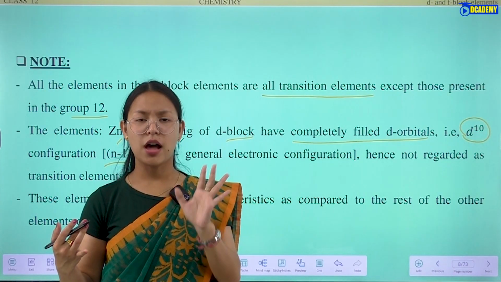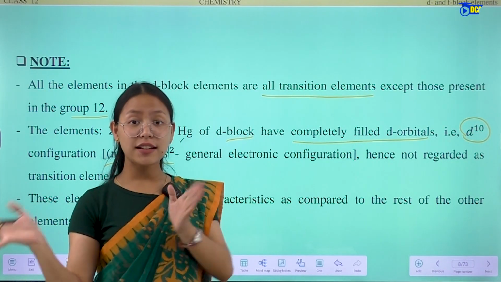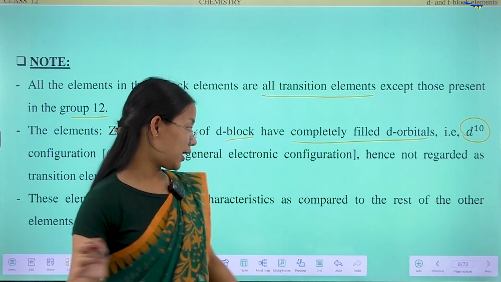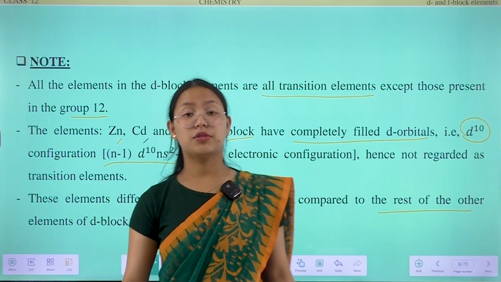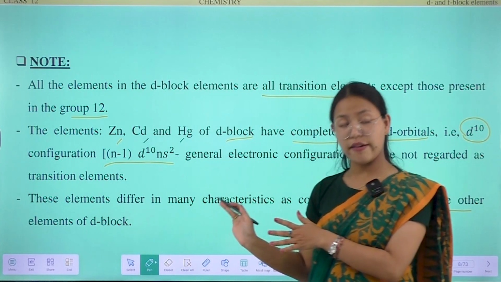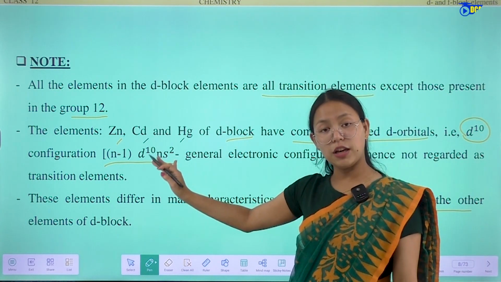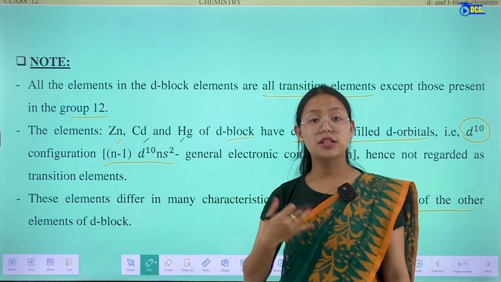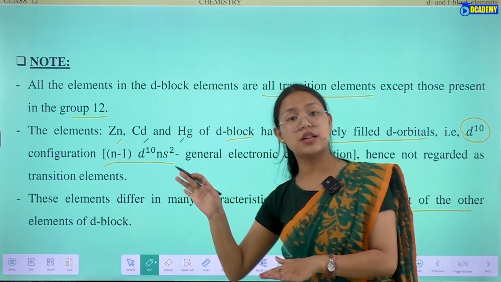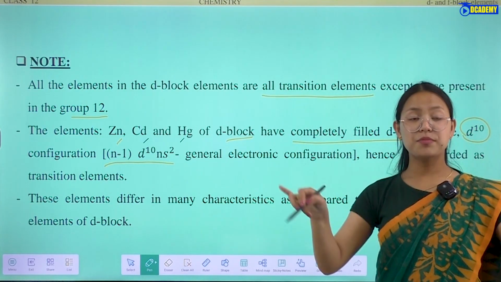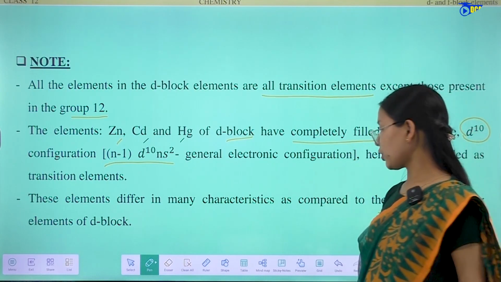Mercury is liquid at room temperature and has other characteristics as well as the rest of the other elements. Therefore zinc, cadmium and mercury are not classified as transition series though they belong to the transition series block.